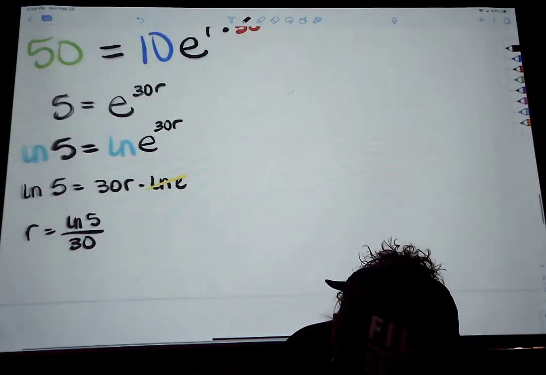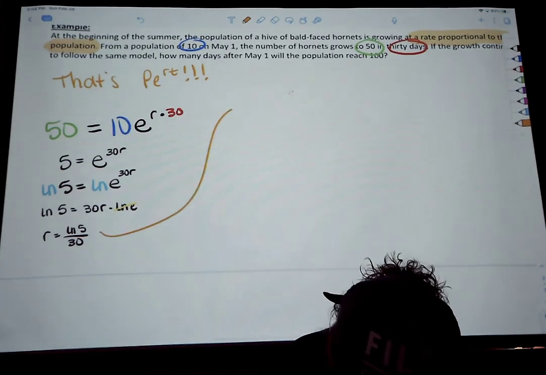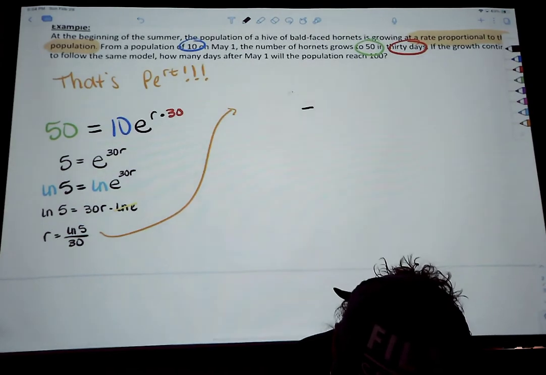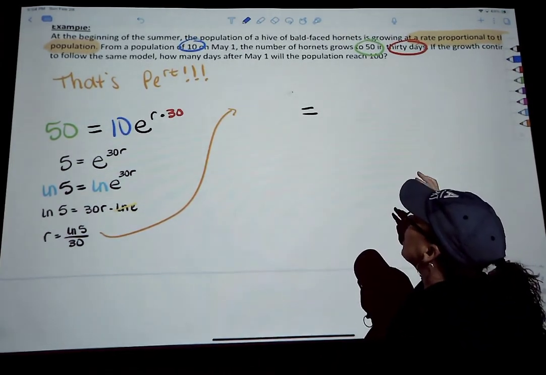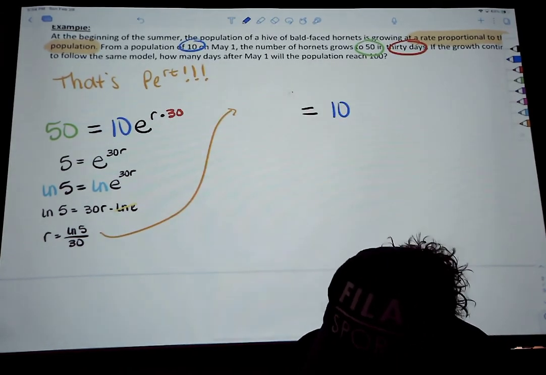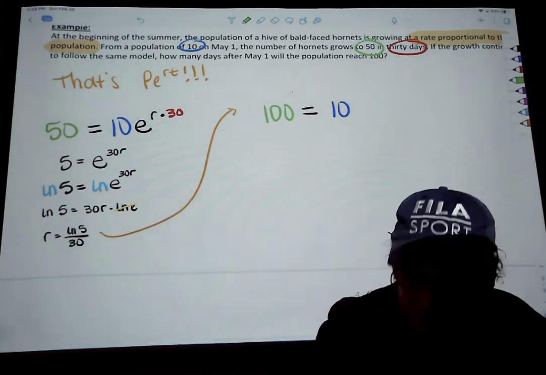Okay, now that I know that, let's see what we can do with this information. How many days after May 1st will the population reach 100? Our starting amount is still 10. It was still 10 on May 1st. We want to reach 100. How long is it going to take?